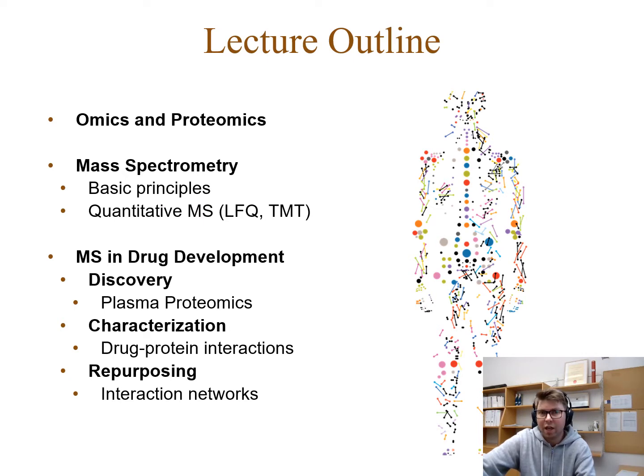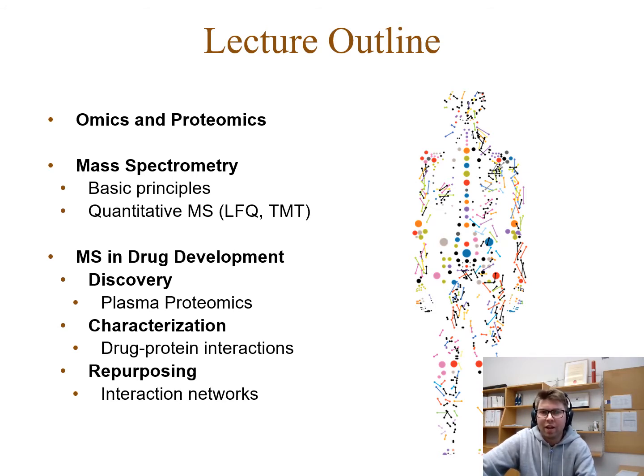And in the lecture I will start out by giving you an introduction to general omics and proteomics in particular. I will then move on and talk about mass spectrometry, its basic principles, and how a mass spectrometer can be used to quantitatively assess differences in protein abundance between conditions.